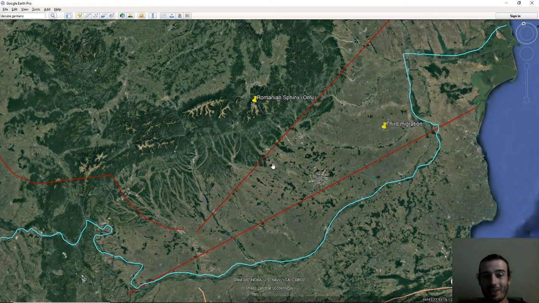So chances are there could still be a lot of elongated skull skeletons in the ground all over this area.